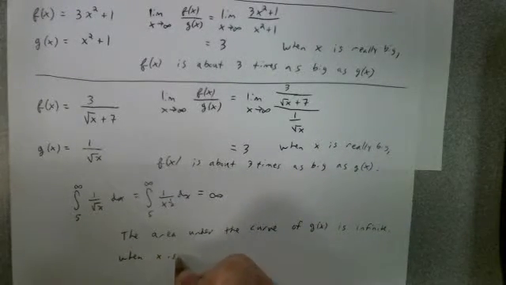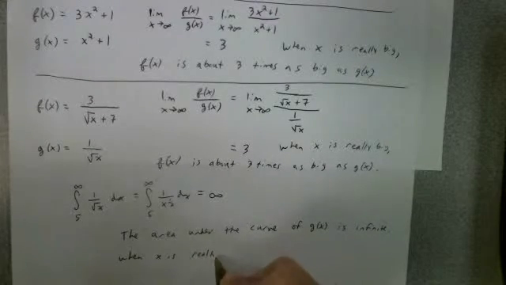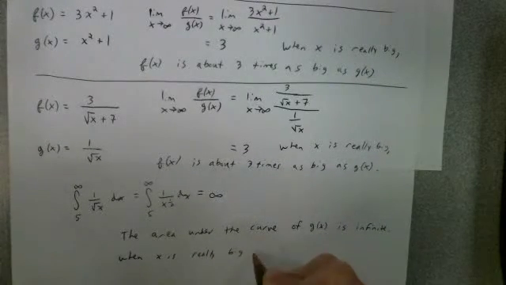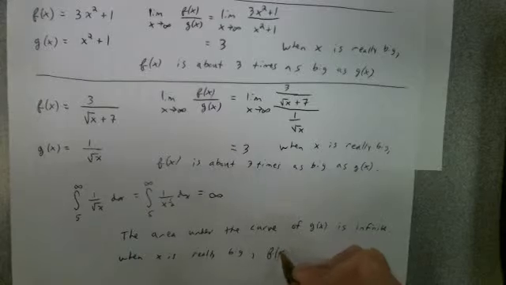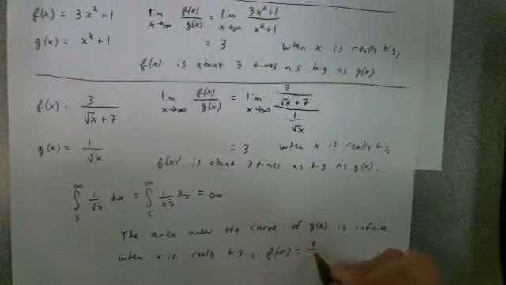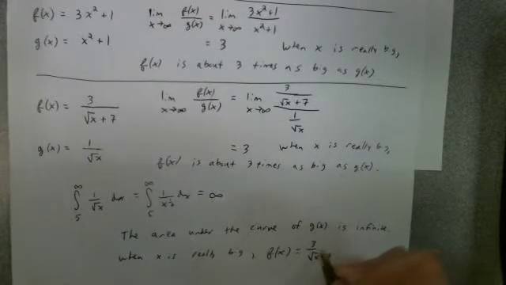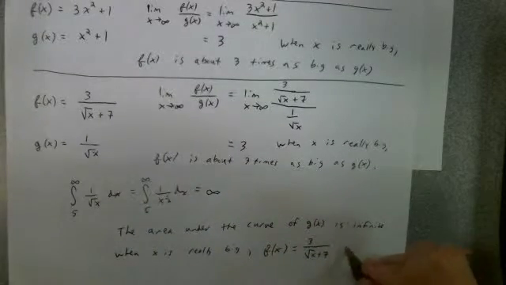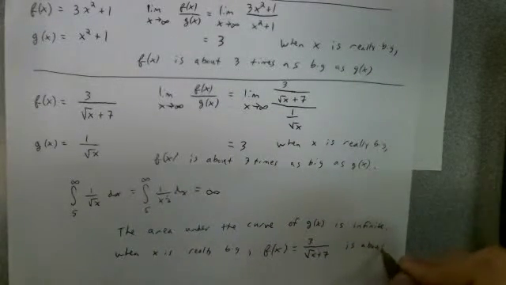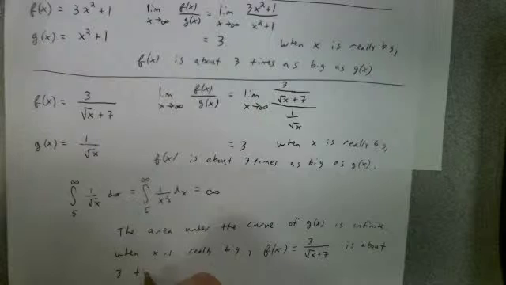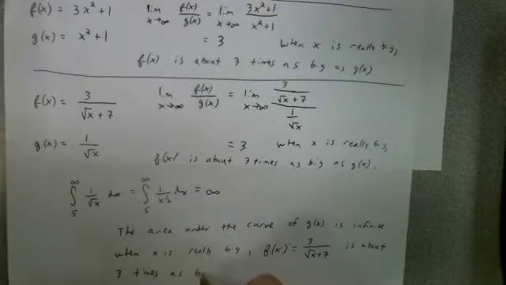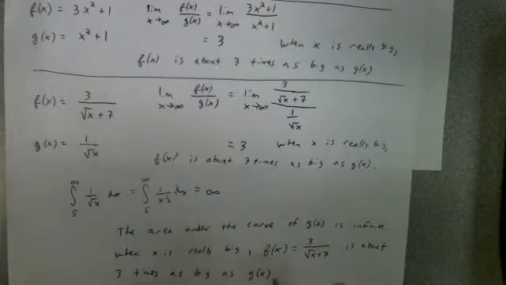When x is really big, f of x, which equals 3 over root x plus 7, is about 3 times as big as g of x.